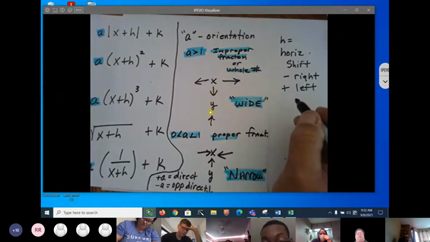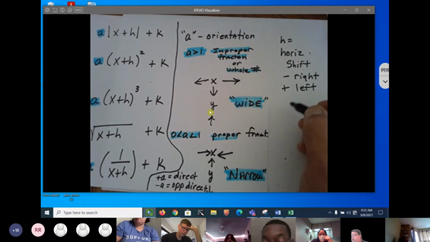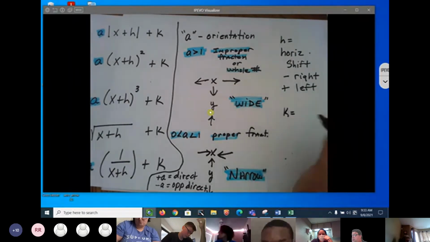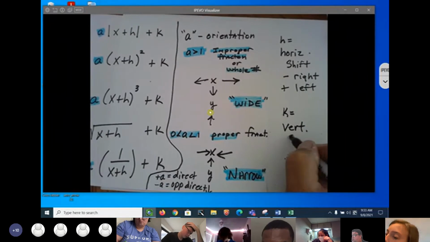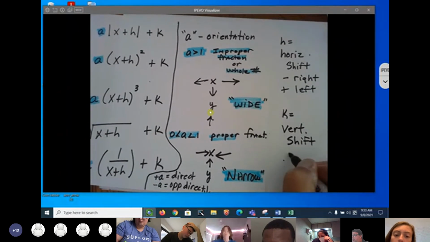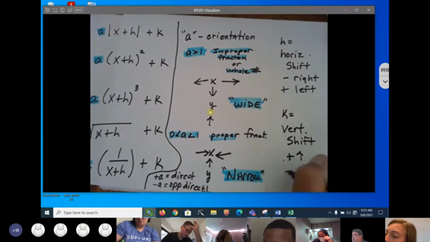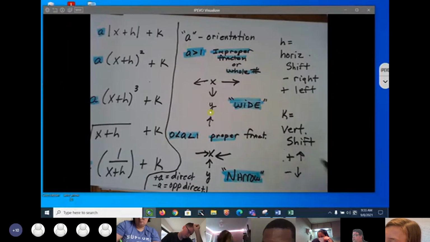And if H is the horizontal shift, what do y'all think K is? Vertical shift. Y'all are amazing. Positive means up, negative means down. So I'm just going to add a little bit here.